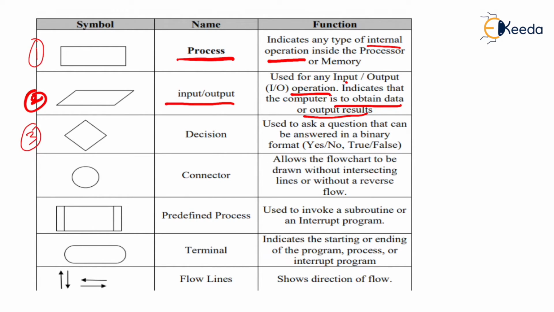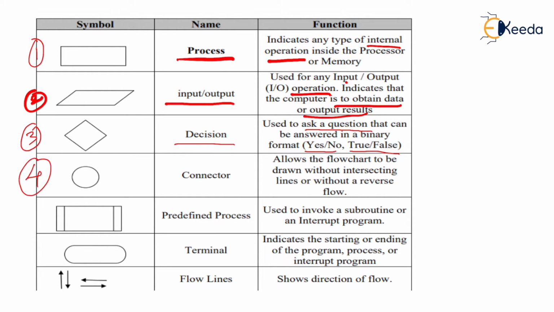Third is the diamond shape. This diamond shape is also called a decision box. It is used to ask a question that can be answered in binary format, that means either yes or no, or true or false.